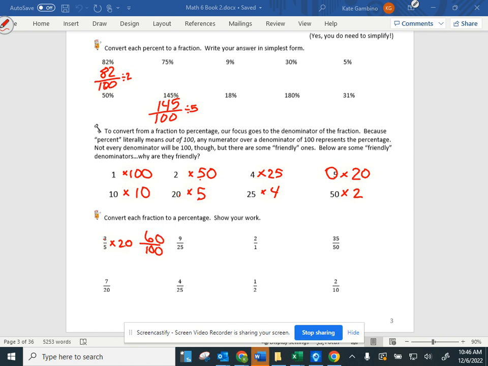Do you think I'm done? No. Simplify. No. You need to convert it to the percent. Ah, thank you, Isabel. This time we're not simplifying because if we simplified, we'd go all the way down to 3/5. The whole point was we wanted 100 on the bottom so we can find our percentage.